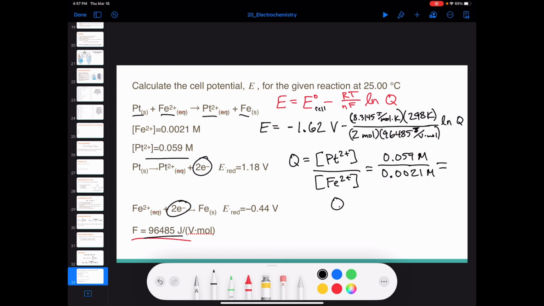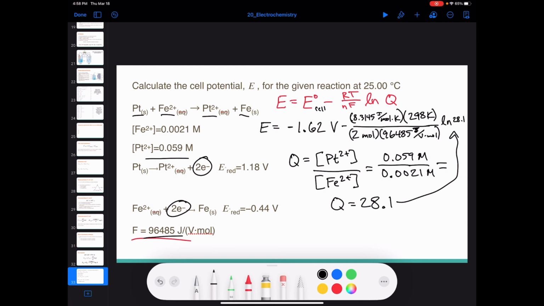So in that case, Q is equal to 0.059 divided by 0.0021, which is about 28.1. Okay, it's unitless. And so now we can go ahead and plug Q in up here, right? So let's erase Q and put in 28.1.